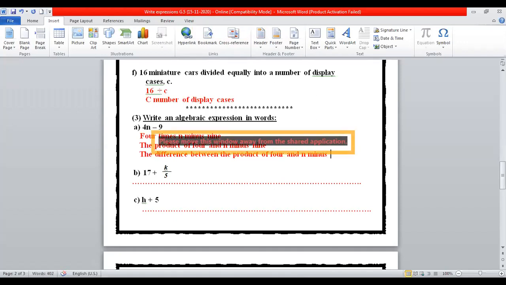All this is right. Here you can write it any way you like. 4n means multiply. You can write 4 times n minus 9. It's right. The next one.